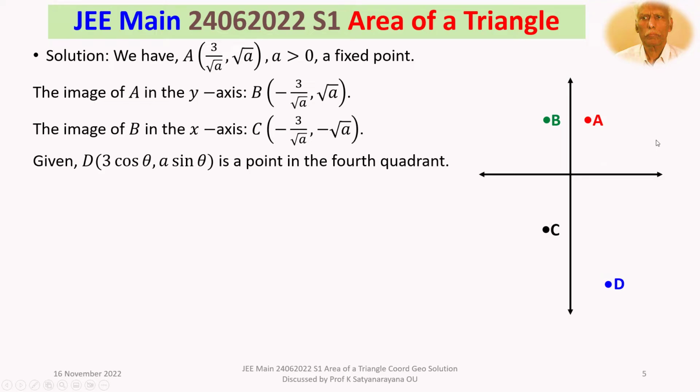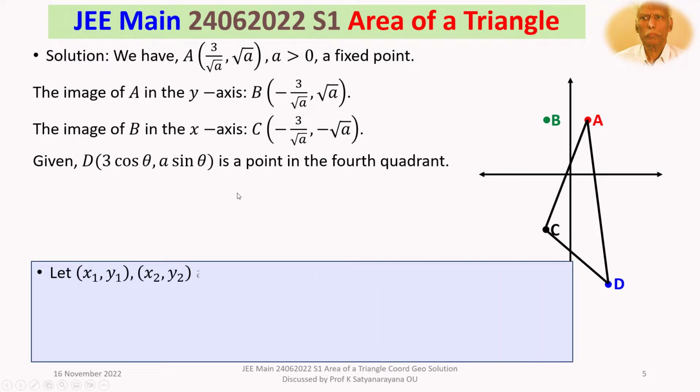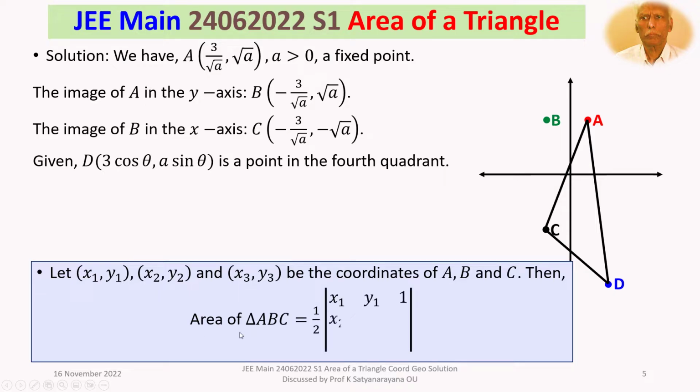Thus we have ACD as a triangle, and the maximum area of the triangle ACD is given to be 12 square units, and we have to find the value of a. The area formula is here.